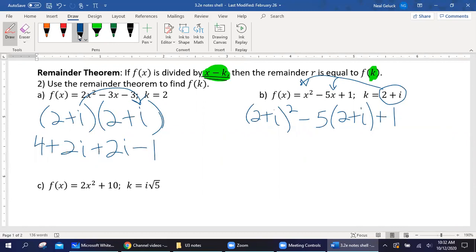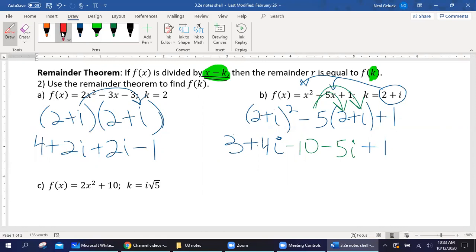So what I actually get out of this is 3 plus 4i. Okay, for this next part, I'm distributing a negative 5 through. That's going to be minus 10 minus 5i. And there's still that plus 1. And so if I put together the reals and the imaginaries, I end up with -6 minus i.